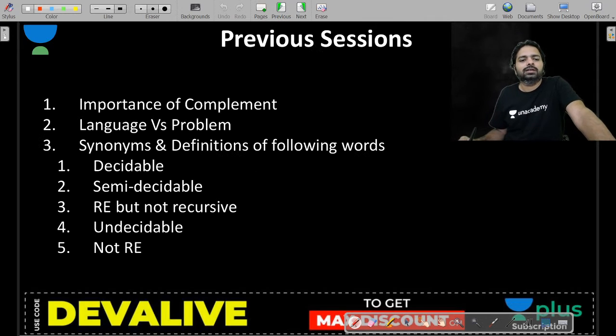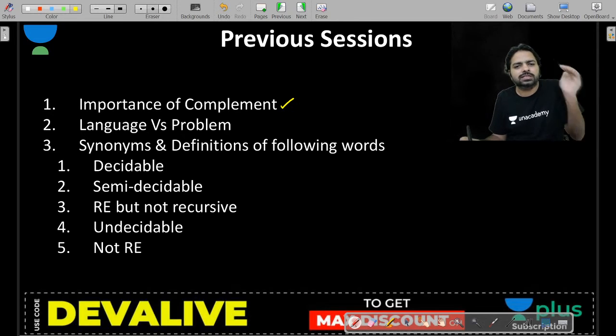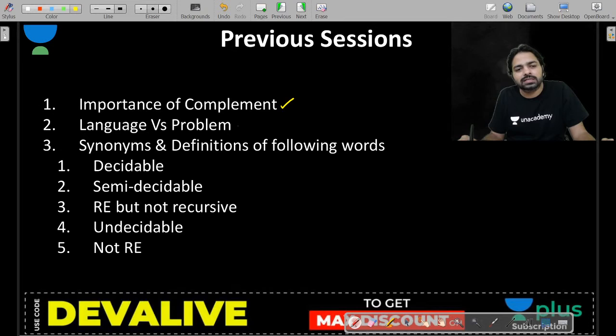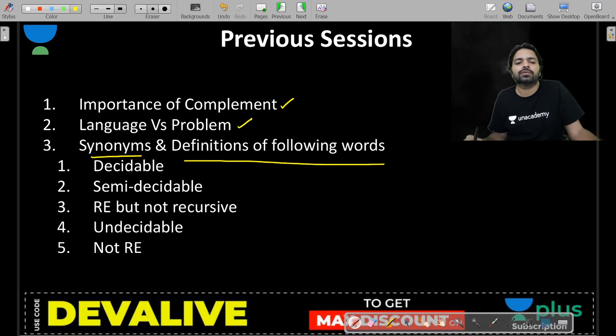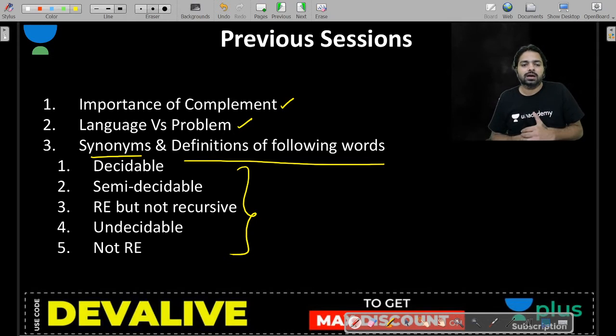In previous sessions, we have seen the importance of complement in the first session, and in the second session we have seen synonyms and definitions of the words. We have seen synonyms as well as definitions for these 5 words, and they have equivalent words.